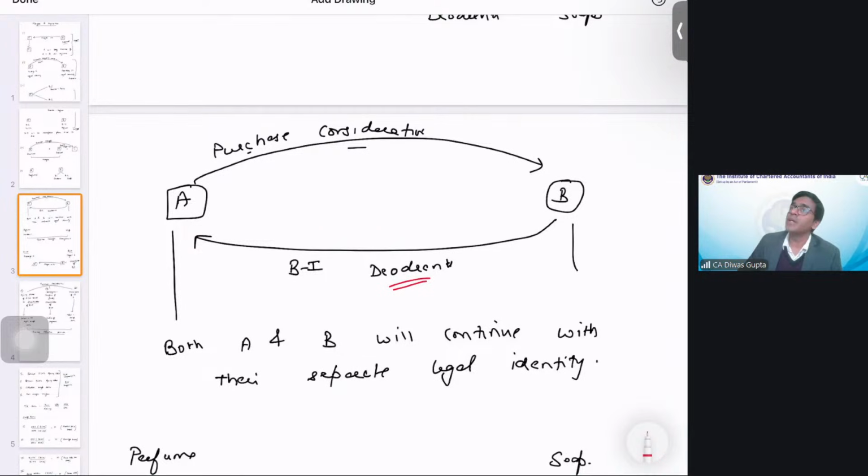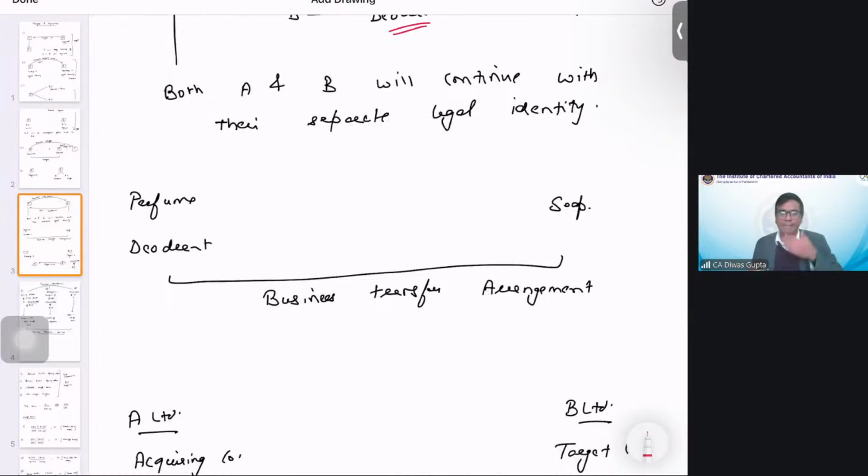Purchase consideration is the amount that is paid for acquiring a company, for acquiring a business, for the other company being merged into the main company. Okay, so both of them will continue with their separate legal identity.